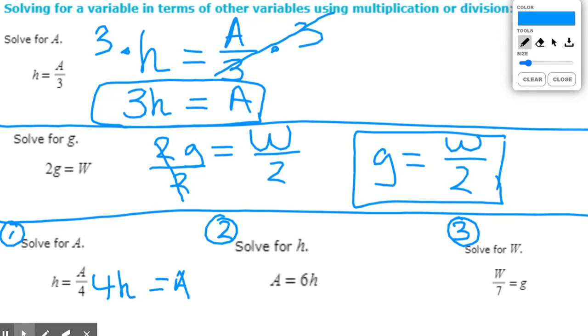And number 2, when you solve for h, you should have a divided by 6 is equal to h. And we're going to pause again to give you a chance to do number 3. Okay, and the solution for 3, solving for w, is w equal to 7 times g. And now we're going to move on to the next level.